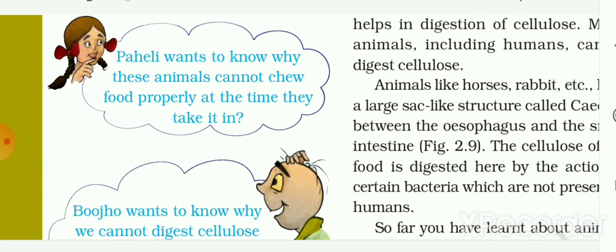Now Paheli wants to know why these animals cannot chew food properly at the time they take it. So whenever they find food, they swallow it and store it in the rumen, and then whenever they get time, they bring this food back into their mouth and chew it.